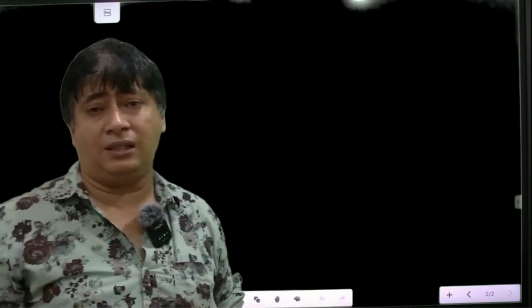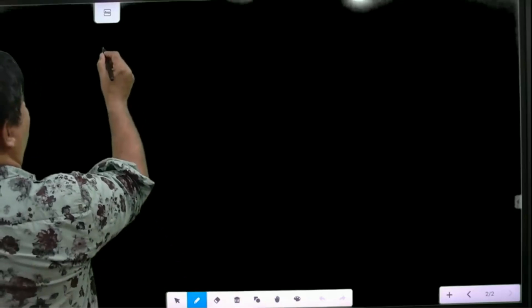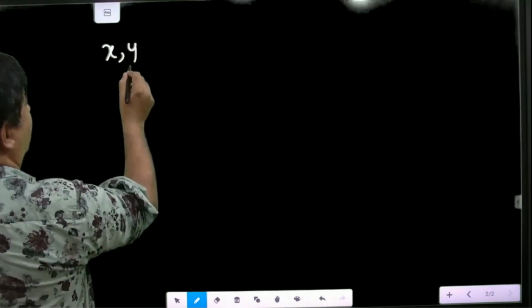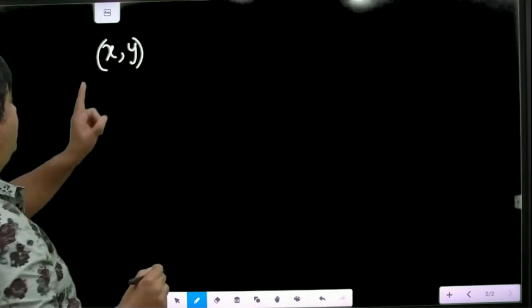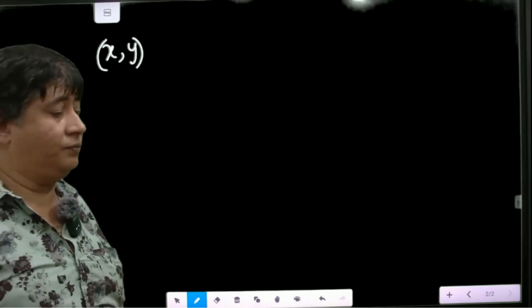Actually, vector is what? Vector is advanced version of coordinate geometry. See, in coordinate geometry, you can define a point by this ordered pair x comma y. Now, in coordinate, we have some shortcoming. We cannot multiply 2 points in coordinate.